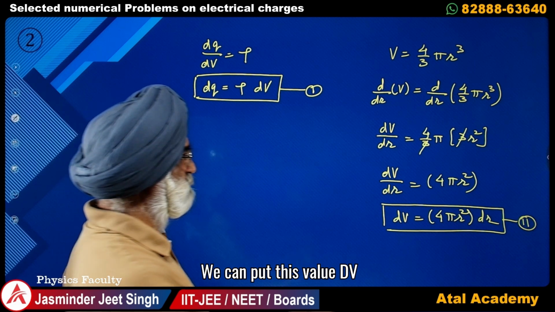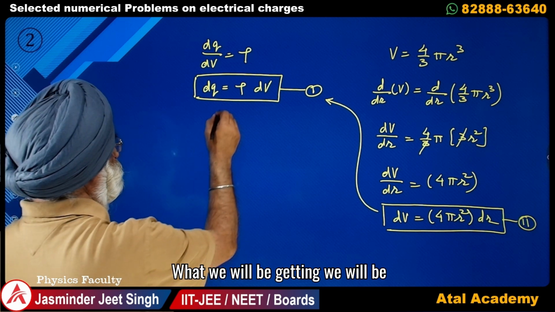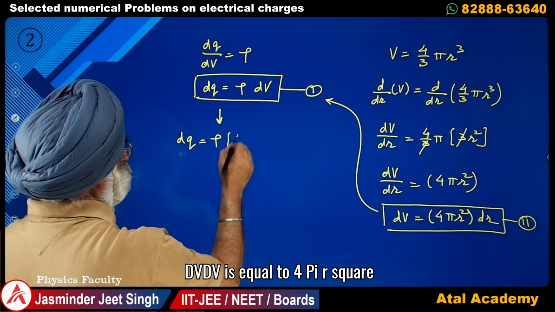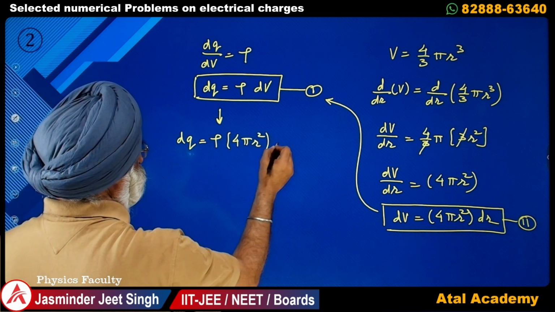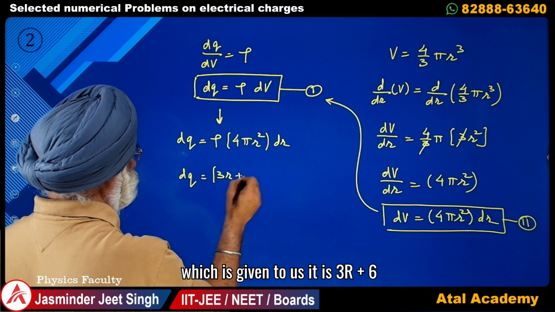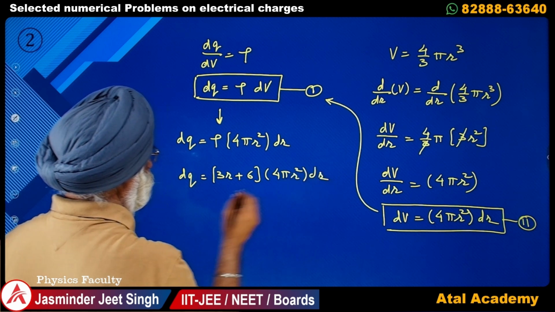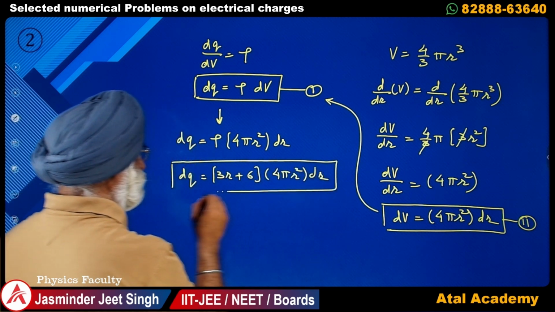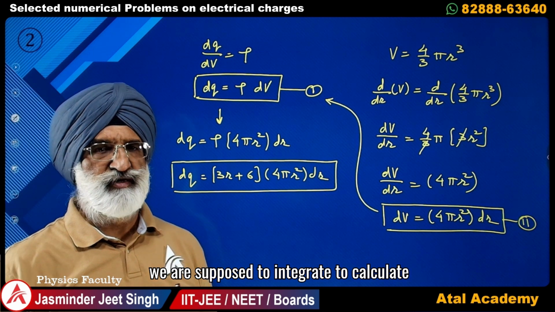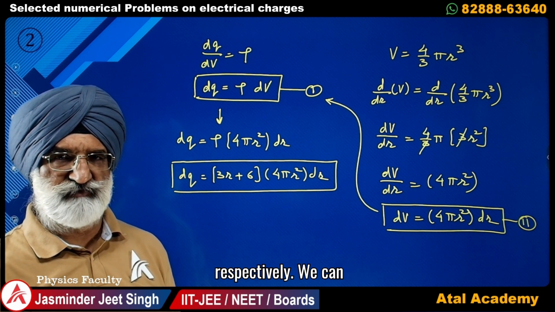We can put this value of dv in equation 1. We get dq as rho into dv. dv is equal to 4 pi r square dr, and rho, which is given to us, is 3r plus 6, so dq is 3r plus 6 into 4 pi r square dr. This is the required expression for charge, which we integrate to calculate the total charge within inner and outer radius of 3 and 4 centimeters respectively.